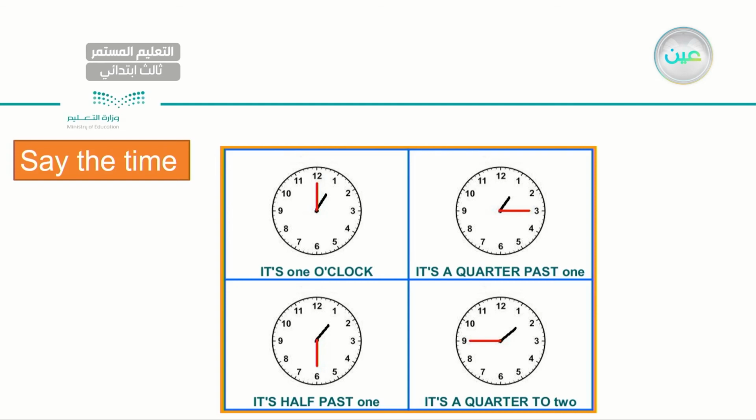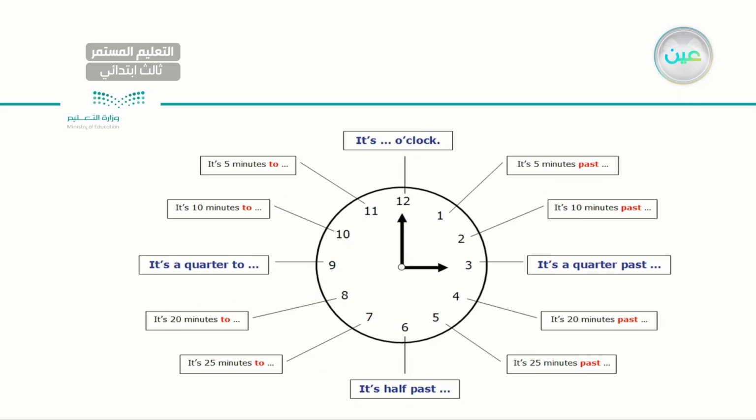Add 15 minutes more. It's quarter to 2. Very good, my dear student. It's 1 o'clock. It's quarter past 1. It's half past 1. It is quarter to 2. Now, you have the same one in your book. I highly encourage you to go to your book and read this one. It will help you a lot when to use past and when to use to.